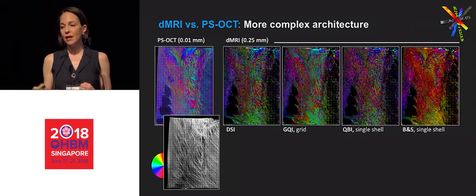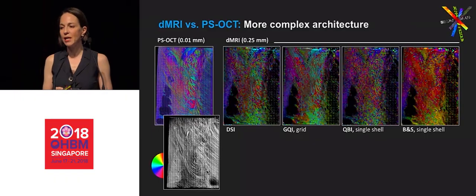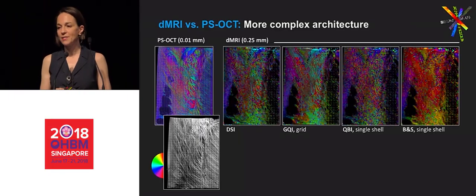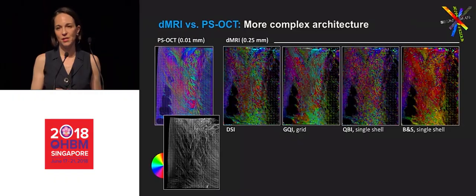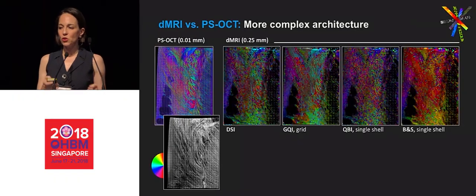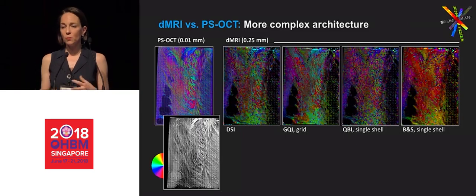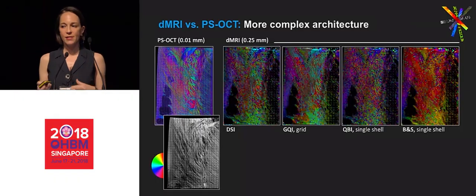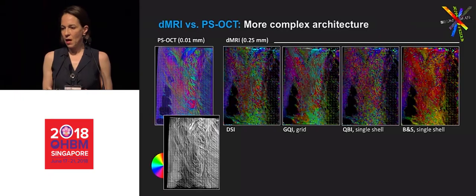And interestingly enough, at the native resolution of 250 microns where we're collecting the diffusion data, both the DSI and the GQI reconstructions of the full grid data are doing a pretty decent job capturing the colors that we see in the PS-OCT. The other methods don't do quite as well in this very complex sample. So QBI on a single shell acquisition does okay. Ball and stick didn't really do very well on this sample in any acquisition scheme.